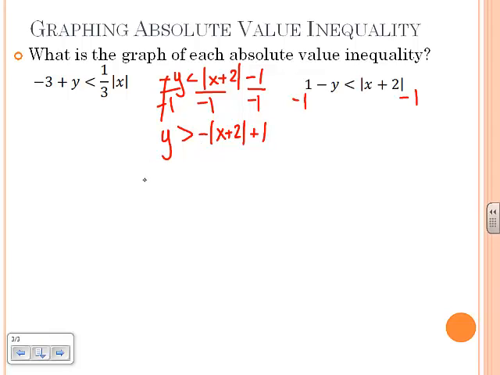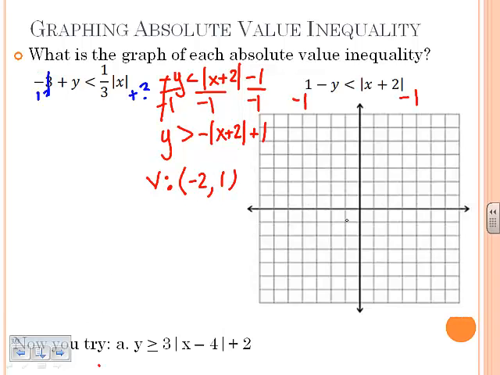Using what we learned before, we can find that our vertex is going to be negative 2, comma 1. The plus 2 is going to shift me to the left 2 as opposite, and the plus 1 is going to shift me up 1 as is.